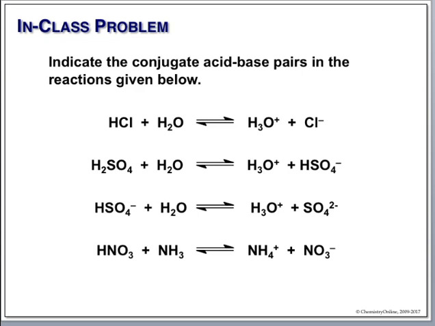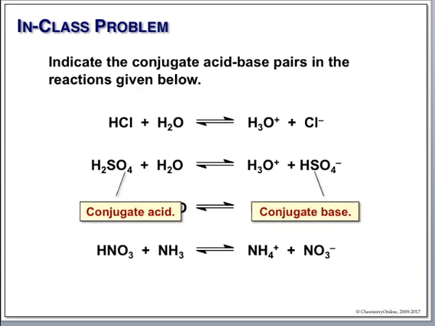Well, you look at your equation and you say, what donates the proton? Sulfuric acid. Once you lose the proton, what do you make? Hydrogen sulfate. That's the acid-base pair.